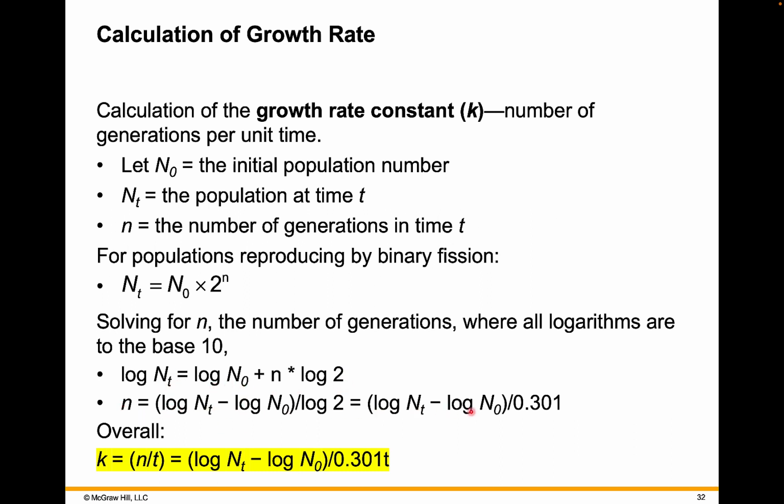So if you just look at these and solve this, basically you are going to get k is equal to n over t, which is essentially log Nt minus log N0 over 0.301 t.